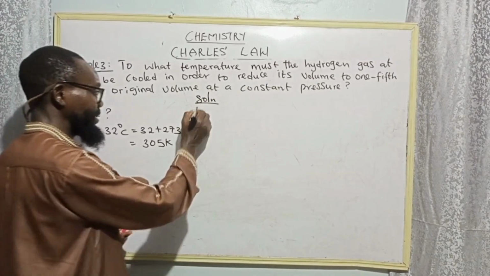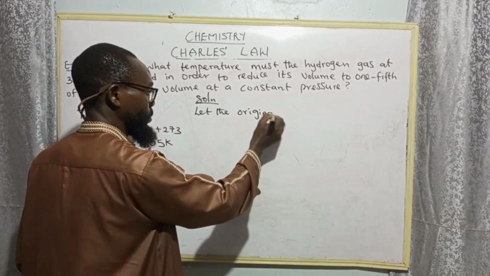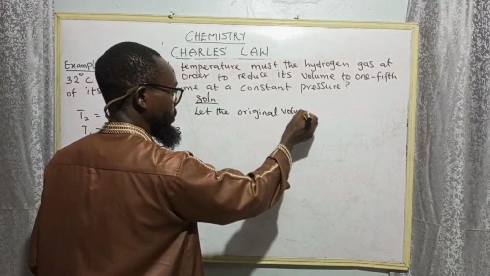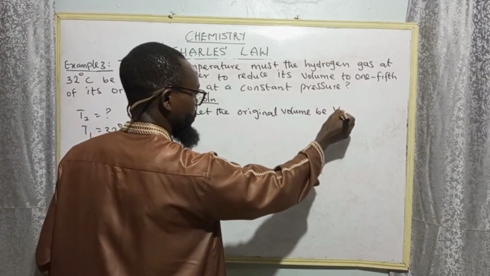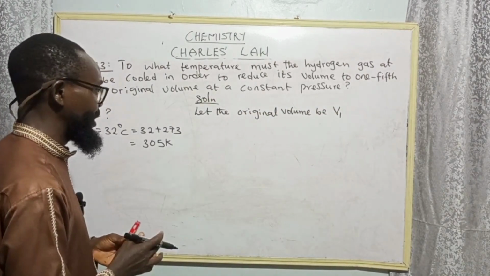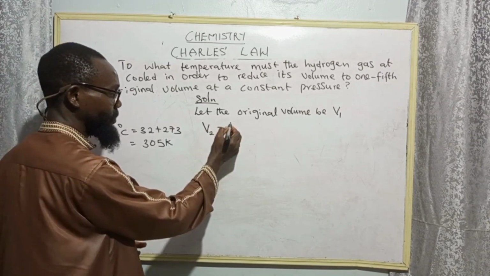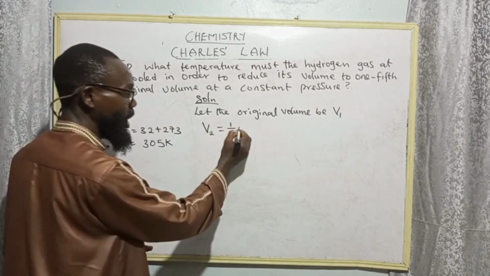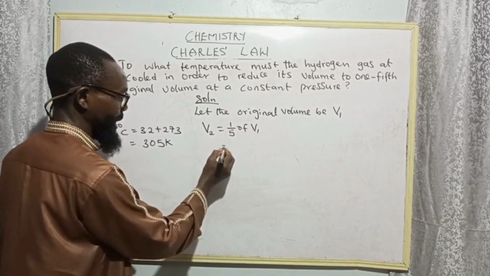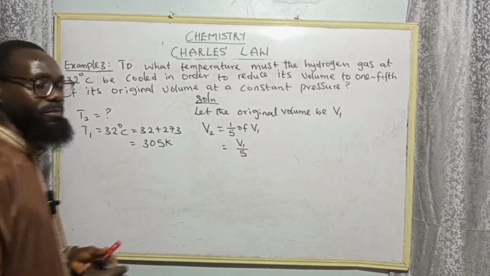Let the original volume be V1. Then definitely our V2 will equal 1/5 of V1, that is V1 over 5. Fine.